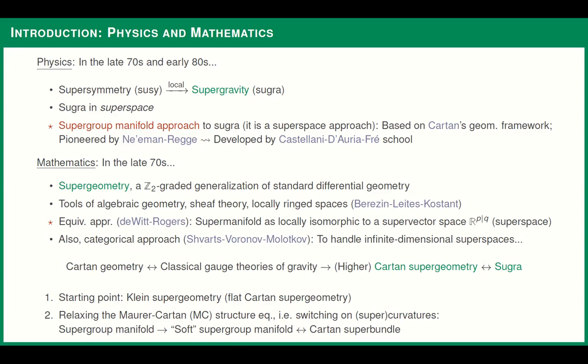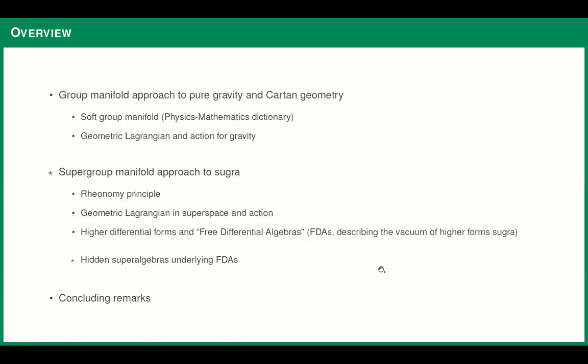So this is translated in the supergroup manifold approach literature as moving from the supergroup manifold to the soft supergroup manifold, in the sense that this softening of the manifold means moving from flat Klein supergeometry to Cartan supergeometry, in which supercurvatures are there. So this is the detachment from the flat geometry, giving rise to what is called a Cartan superbundle.